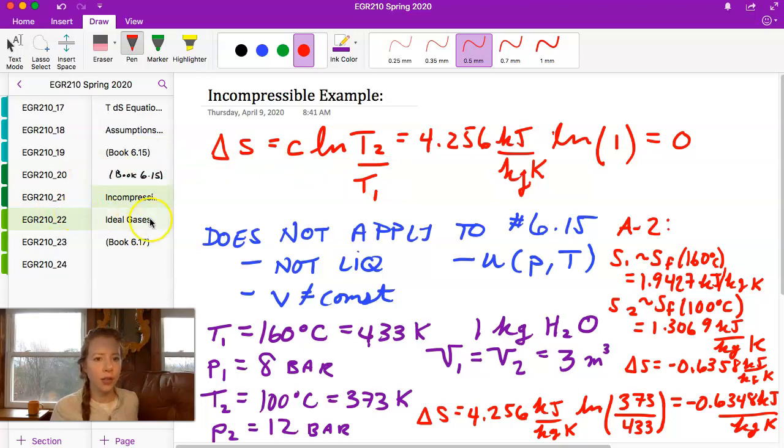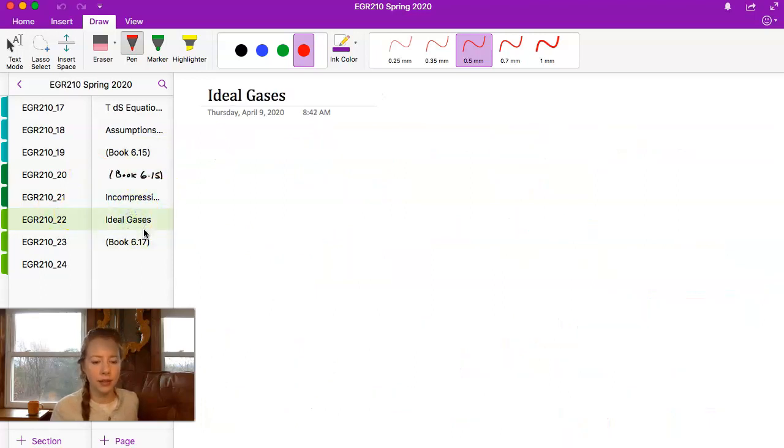Now let's move on to ideal gases. So remember, the ideal gas law should be completely burned into your brain at this point, and that is PV equals RT. Right, for our gas. R being for the gas, that's not the universal constant with the bar on top, this is gas specific.